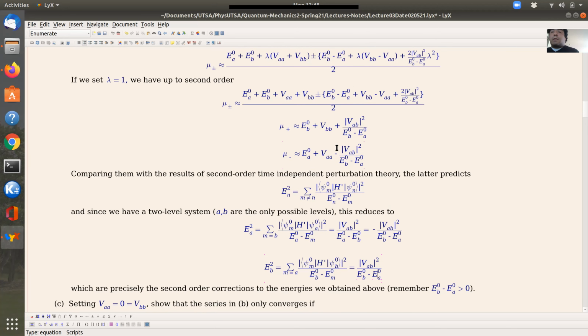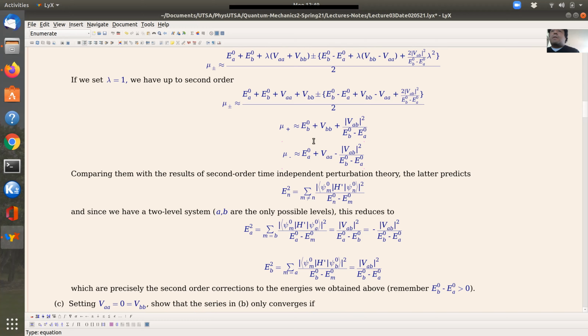And if you notice or compare, so this is telling you what is the second order correction to the energy level A according to perturbation theory. This is basically the 0th order value of the unperturbed energy plus the first order correction to the energy level A, and then plus the second order correction with the minus sign, just as we expected. And likewise, mu plus is the approximation up to second order of the energy level related to the B level.